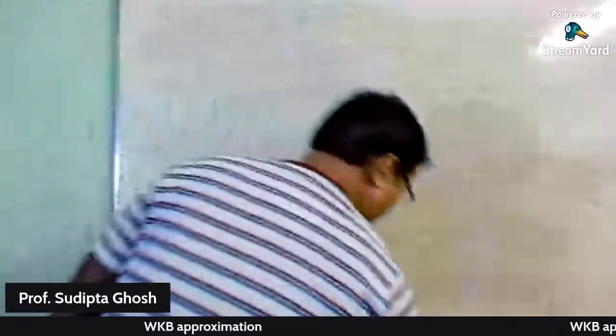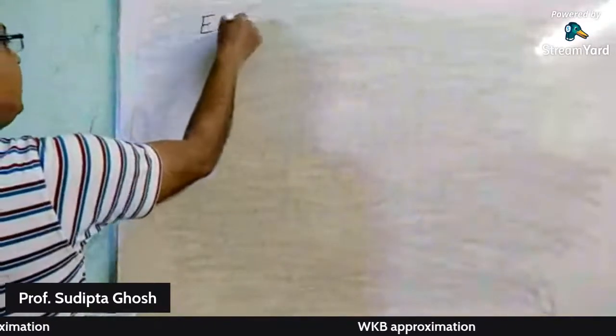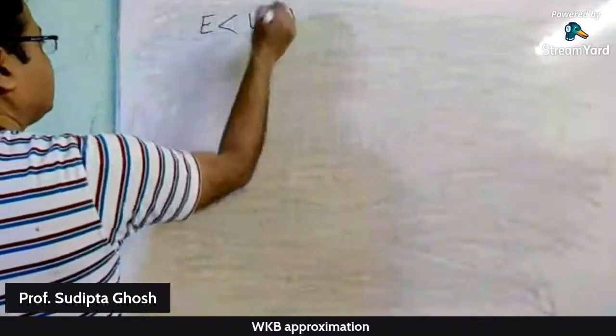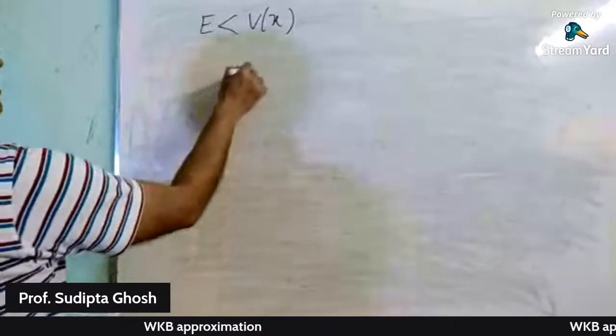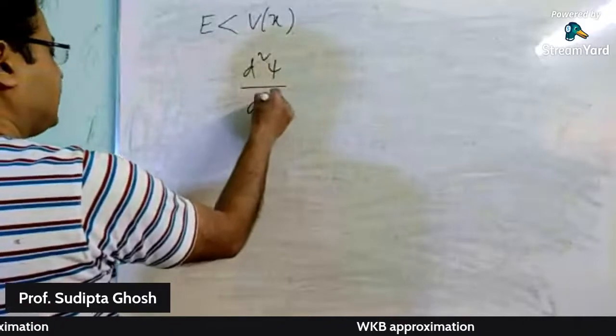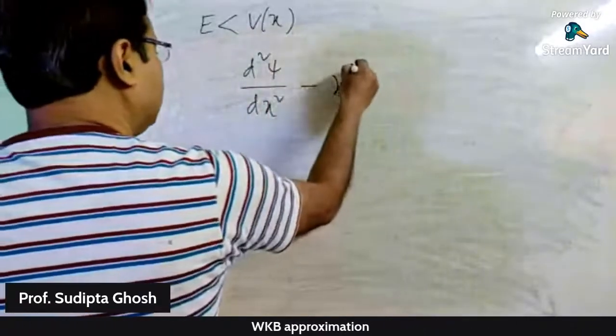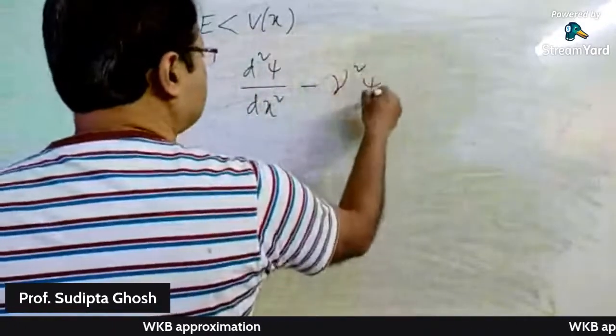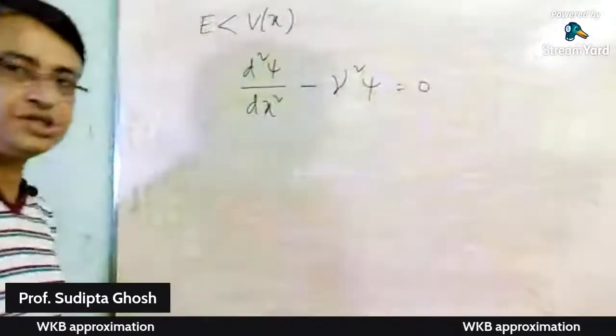So the basic equation turns out to be, for E less than V(x), and this is actually an interesting case, d2 psi dx2 minus gamma squared psi equals 0.